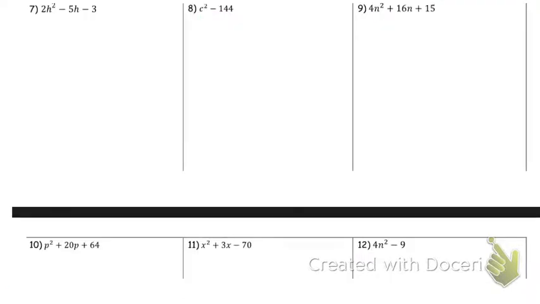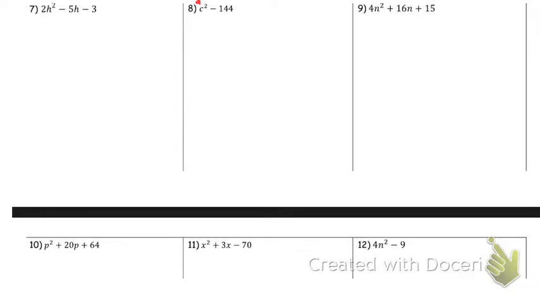Okay, I want to look at number 8. Okay, 8 and 12 are slightly different, but we're going to keep it exactly the same way. So the key here is we have no GCF. What students need to understand is our A value is here.